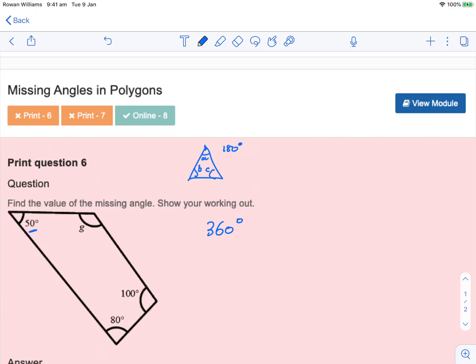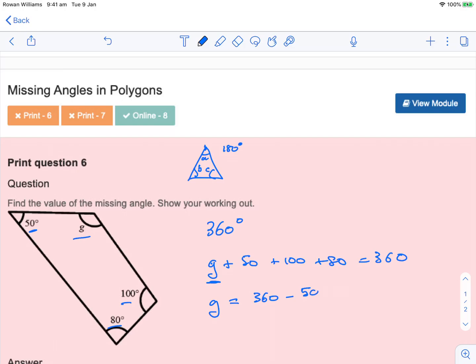So this angle plus this angle plus this angle plus this angle equals 360. So I could write that out as G plus 50 plus 100 plus 80 equals 360. And if I want to find what this angle here is, then what I'm going to have to do is go, well, G is going to be equal to 360, take away these angles.